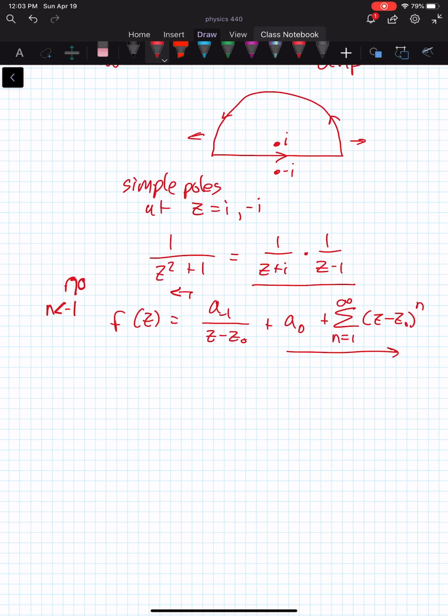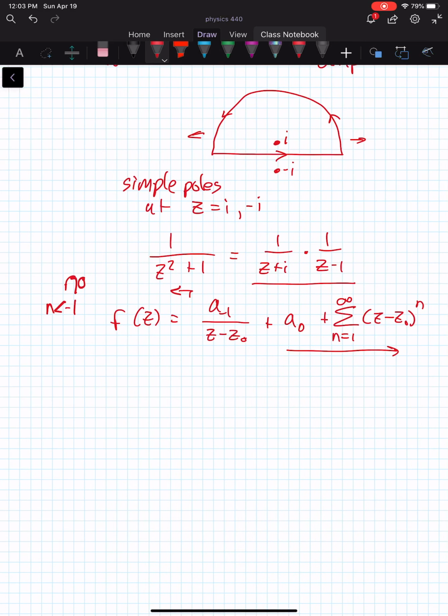In fact, if we multiply everything by z minus z naught, we get back to that relationship that I showed before, that a minus 1 can be found by z minus z naught times f of z.